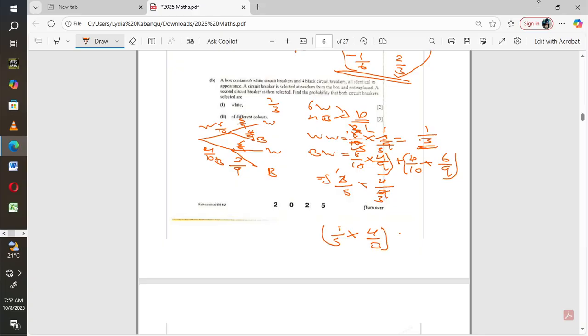Plus, we do the same thing here: 4 over 10 simplifies to 2 over 5, multiplied by 6 over 9, which simplifies to 2 over 3. So plus 2 over 5 multiplied by 2 over 3. Now what is 1 times 4? We have 4 over 5 times 3, which is 15.